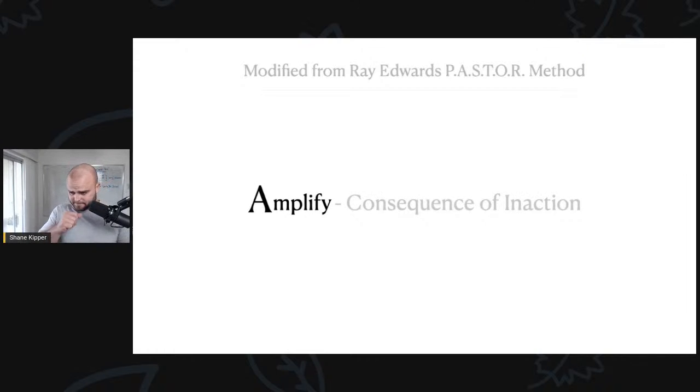Sorry. The A in PASTOR is amplify, which is you're amplifying the consequences of inaction. So you're reminding them of why it's so important for them to act now and what will happen if they don't act.